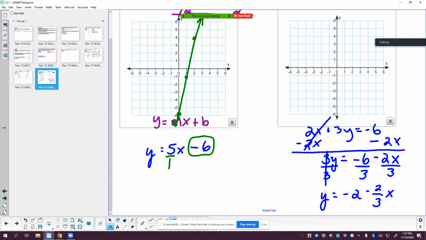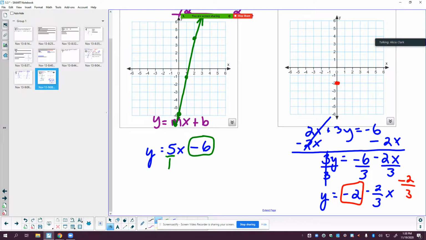Now, it is in reverse order here, so pay attention. The y-intercept is the one that does not have a variable with it, which in this case is -2. So if I go down to -2 on the y-axis, that's right here. Now my slope is -2/3, so -2 over +3.